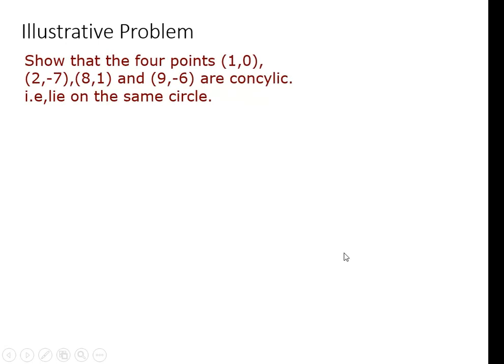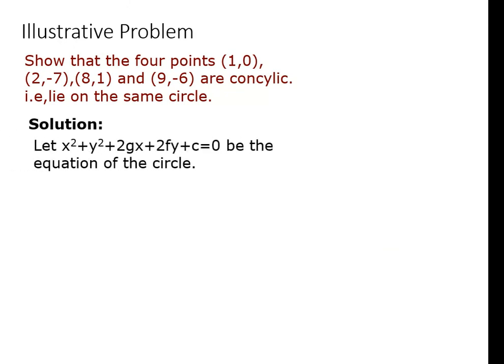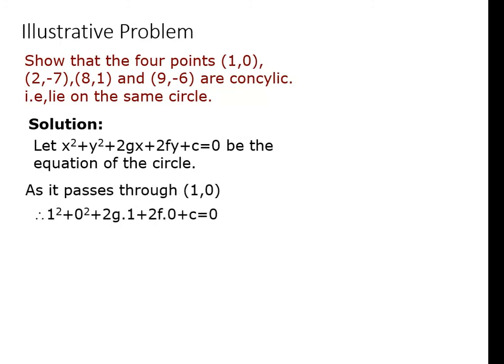Now come to another question. Show that 4 points are concyclic, that is, lie on the same circle. So let x square plus y square plus 2gx plus 2fy plus c is equal to 0 be the equation of the circle. Then it passes through 1, 0, 0, that means we get a value of this.